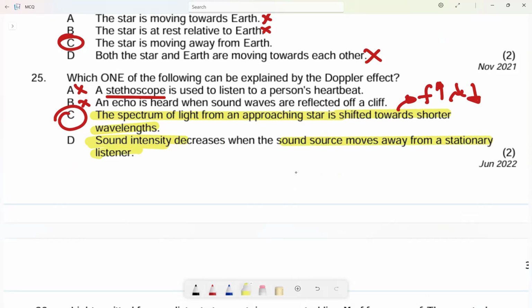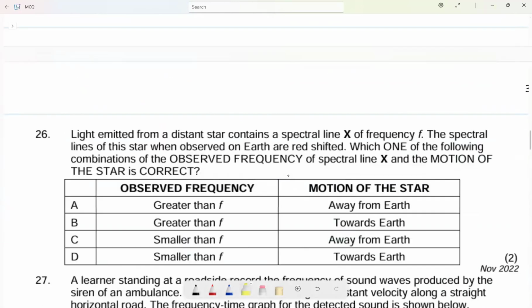Sound intensity is another topic. Here we are talking about frequency as well as wavelength. We do not know about sound intensity and all of that. We know about the frequency as well as the wavelength, and we know that the speed of sound will stay constant.